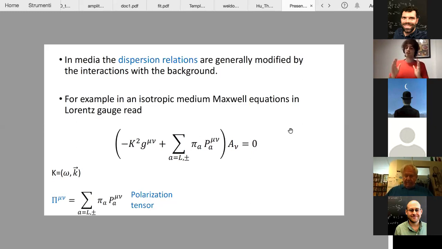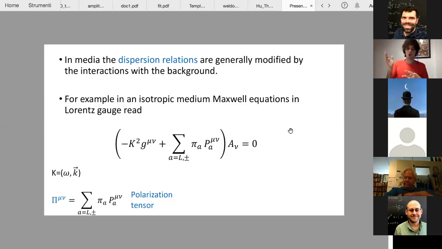Now, the important thing is that when you have this medium, you now have three polarizations for your photons. And this is somehow weird, right? Because you're used to having just two polarizations because of gauge invariance. But the point is that now you're breaking Lorentz invariance, while you still preserve gauge invariance.